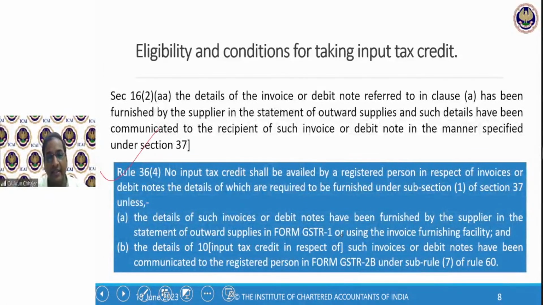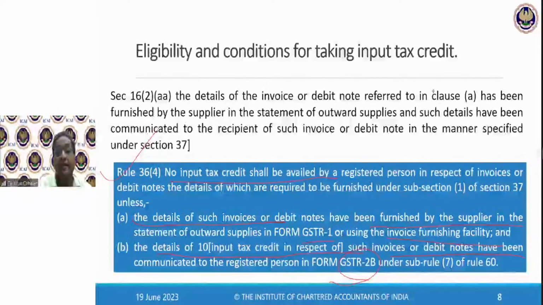This rule says that no ITC shall be available to a registered person if the detail of such invoice has been furnished by the supplier in the GSTR 1 or using the IFF, and the details of ITC of such invoice or the debit note have been communicated in the form of GSTR 2B.